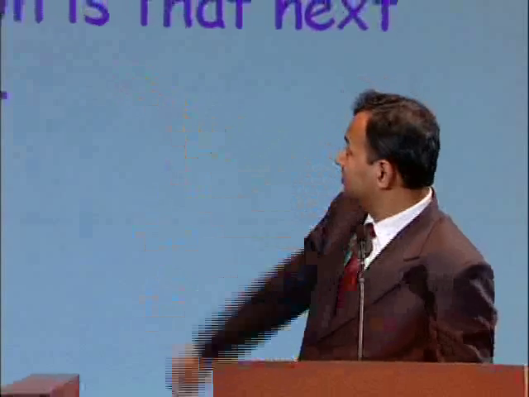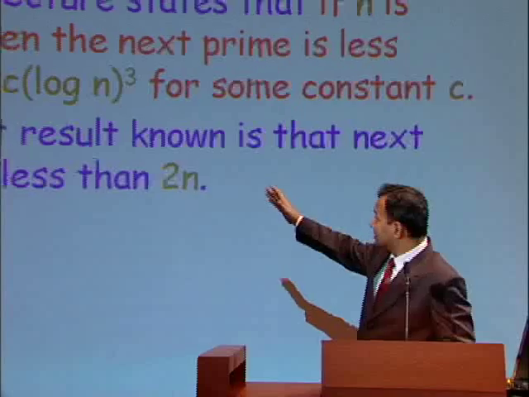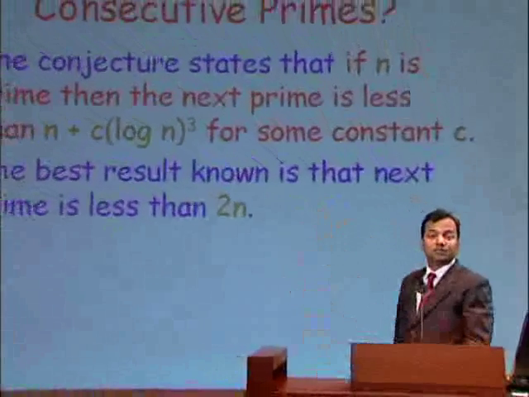The best we know as of now is that if n is prime, then the next prime has to be less than twice n. Well, this has perhaps been slightly improved, but not much. So there is a huge gap to cover there. The conjecture, which is perhaps believed to be true, is that the next prime is not too far away from it.